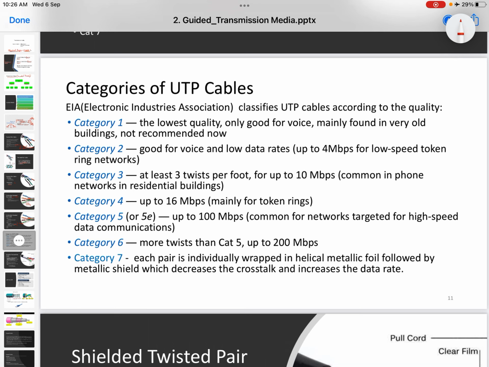Categories of UTP cables. The Electronic Industries Association classifies UTP cables according to quality. Category 1, the lowest quality, is only good for voice, mainly found in very old buildings, not recommended now. It is not used nowadays.